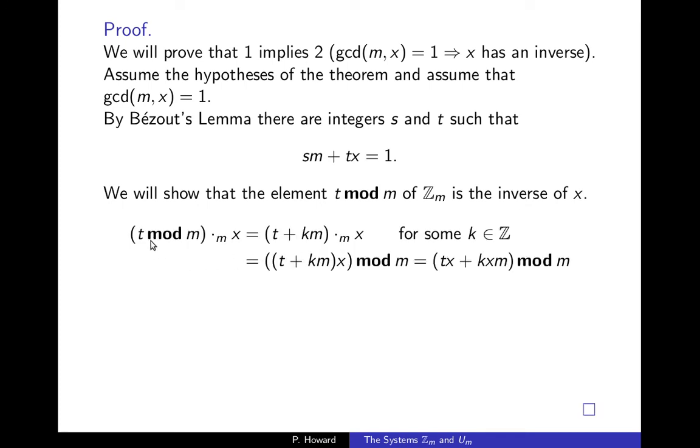Okay, so t mod m times sub m x, and we are using the eliminating mod m lemma here. t mod m is t plus some integer multiple of m. And now we are using the definition of times sub m. So multiplying two things using times sub m means that you multiply the two things and take the answer mod m.